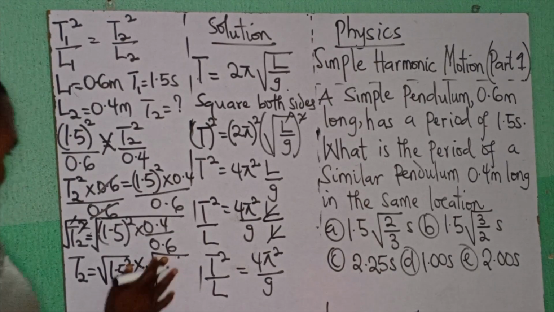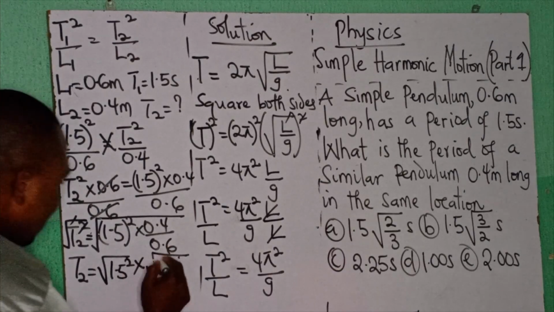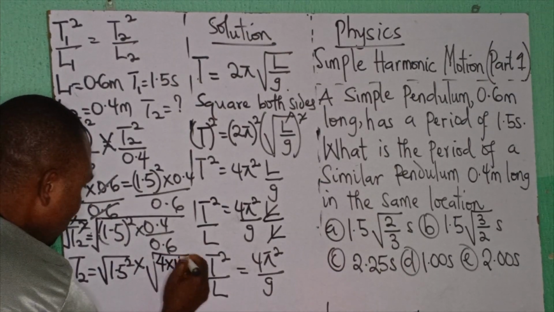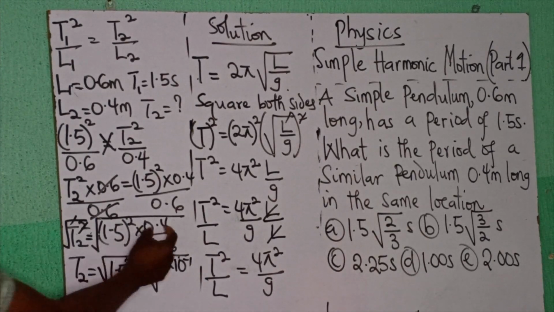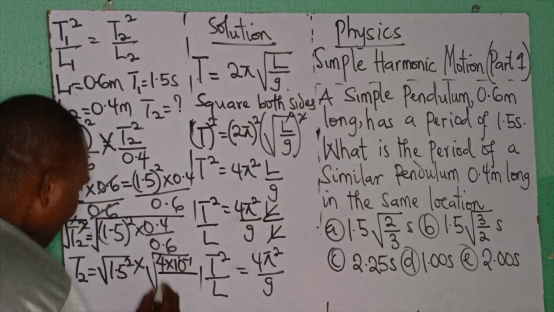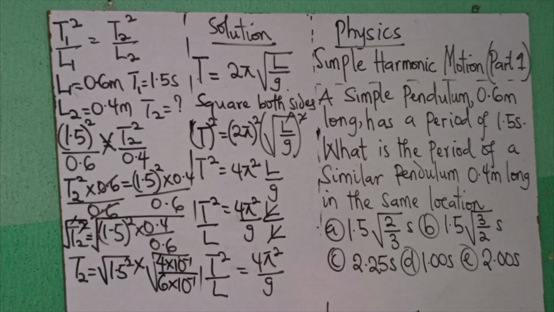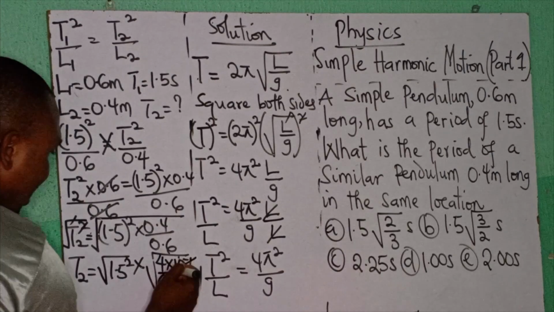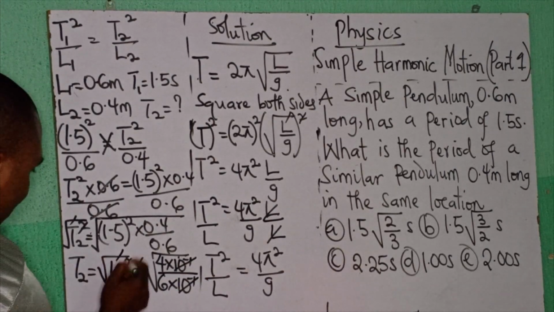Take note of this, class. This 0.4 can still be written as 4 times 10 raised to the power minus 1. Don't forget, I'm changing it from decimal to standard form. Over 0.6 becomes 6 times 10 raised to the power minus 1. So from here, this and this go off. Then this square root and this 2 go off.